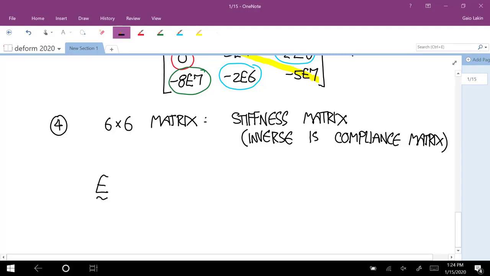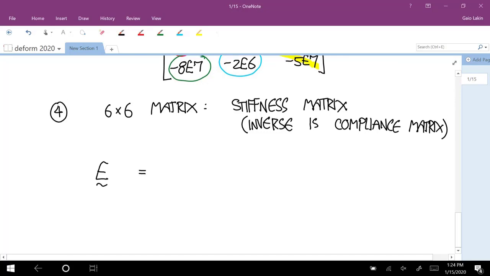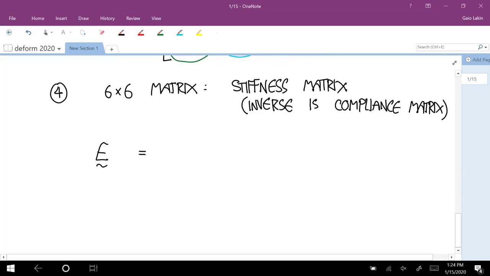So the variable that represents it is a capital E. And I'm going to show you the form of this matrix. Most of the values are zeros. But the first element is 1 over the variable E. That E is not a matrix, so that doesn't have a squiggle. And then the second one is negative Greek letter nu over E. And the third is just like the second.